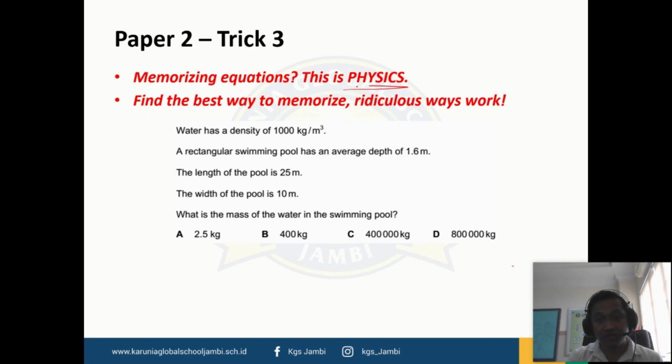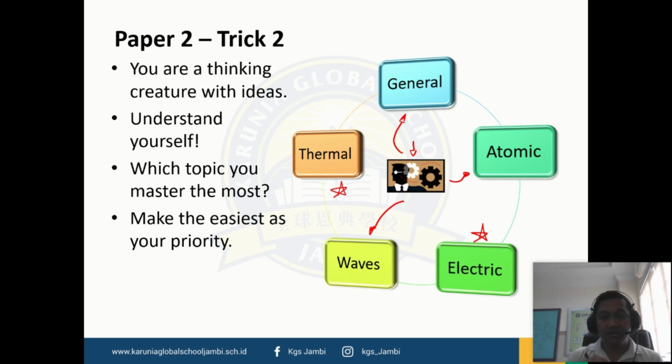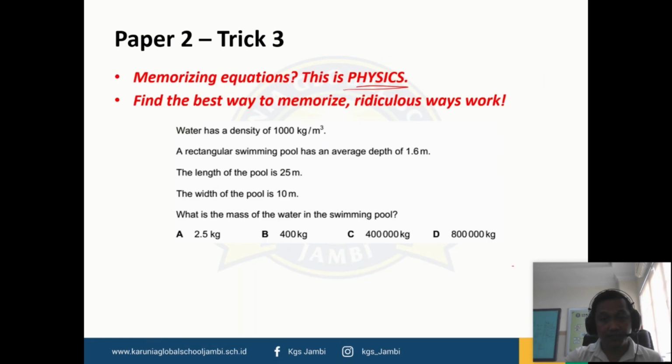Never surrender. Memorizing equations, of course, this is physics. You have no choice. But at least if you check these, for example general physics or atomic physics or waves, there are not many equations that you must remember. Not much, compared to the national curriculum.